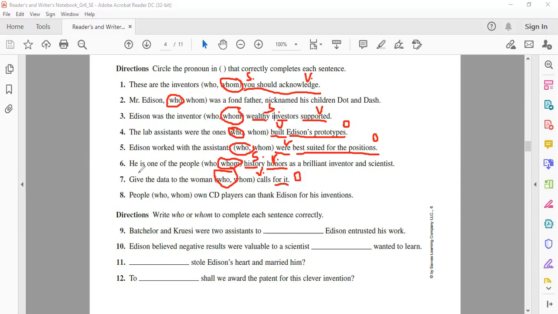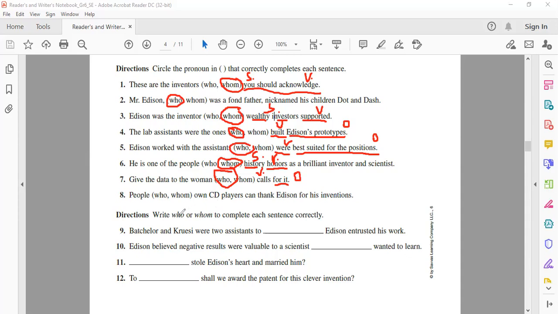Let's do it again. People, read number 8. People who or whom own CD players can thank Edison for his inventions. Okay, where's the verb right here? Invention is a verb? No. What is the verb?